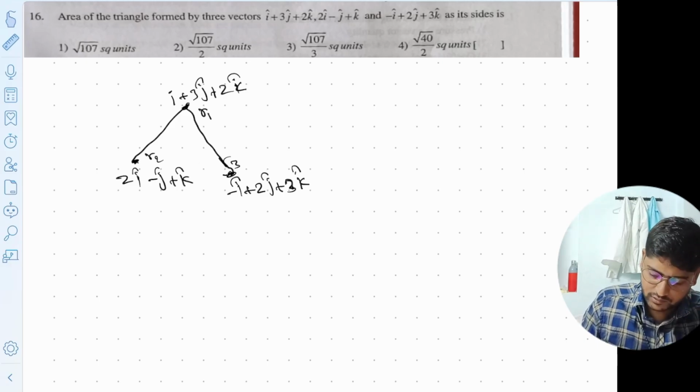You can take any two; I will take R1 minus R2, and after that R1 minus R3.